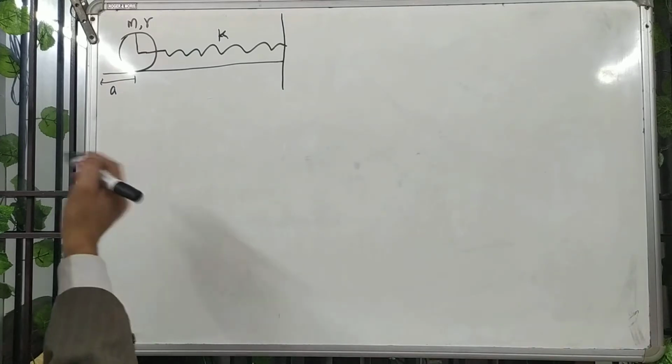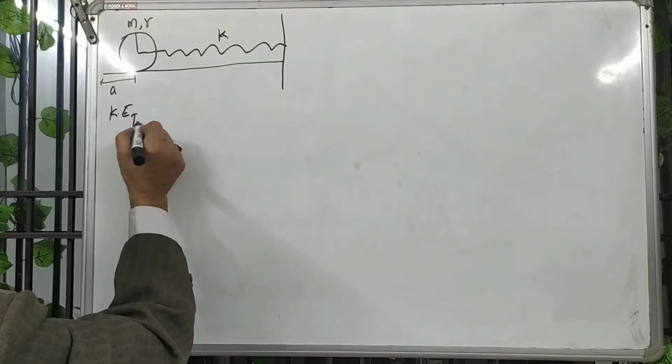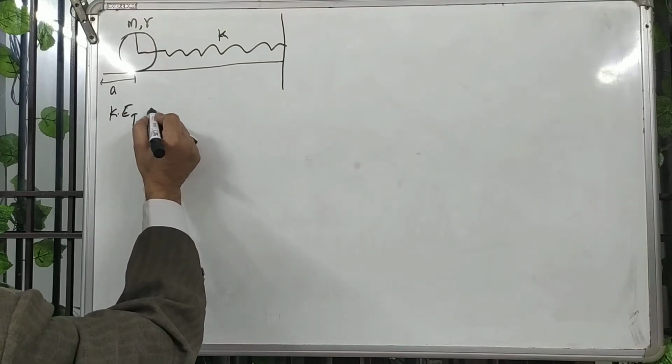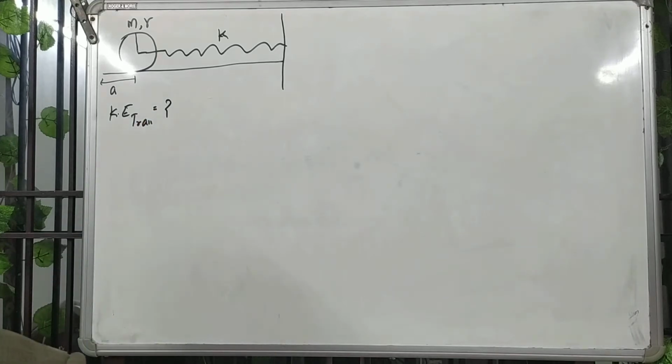Now the question is this: find the translational kinetic energy and rotational kinetic energy of the cylinder as it passes the equilibrium position.